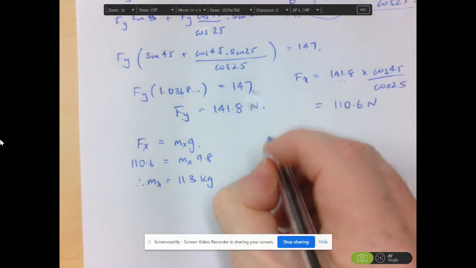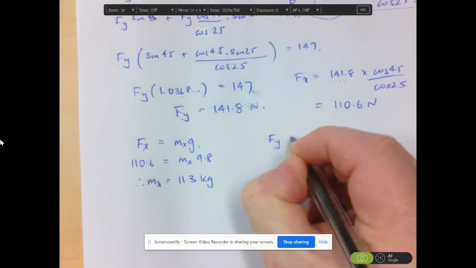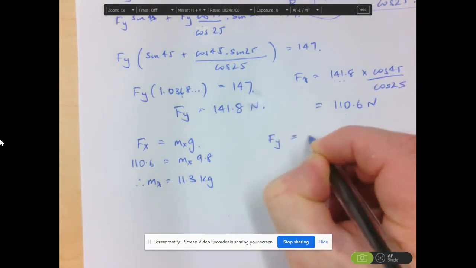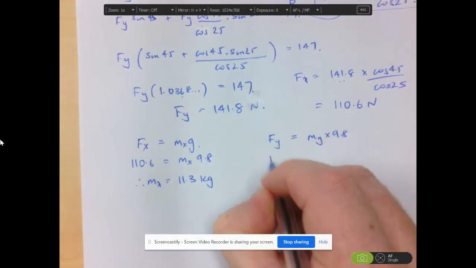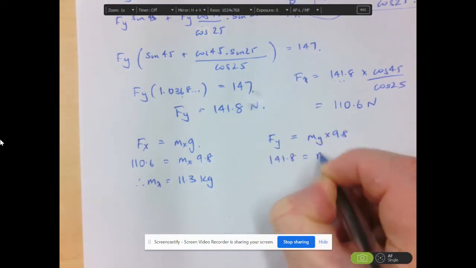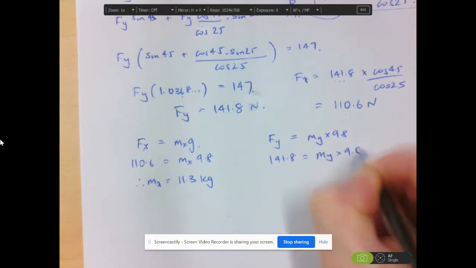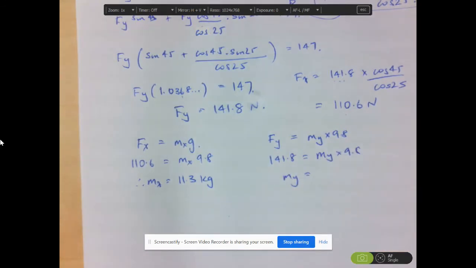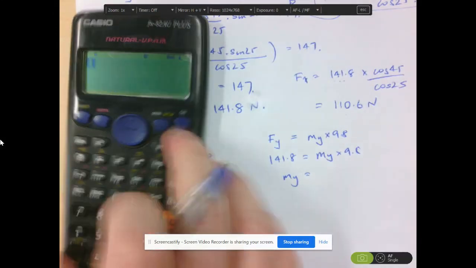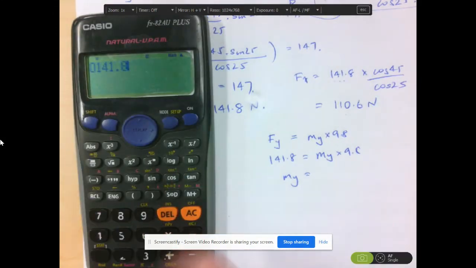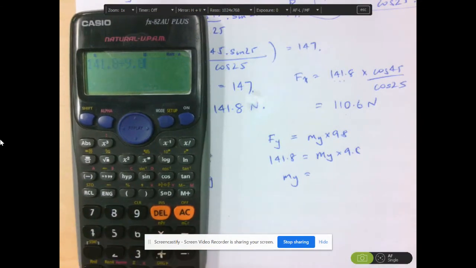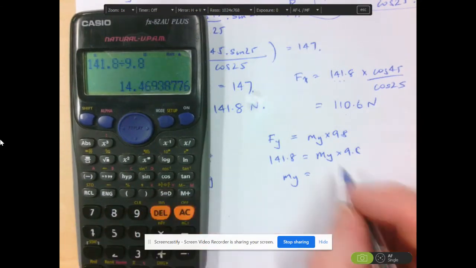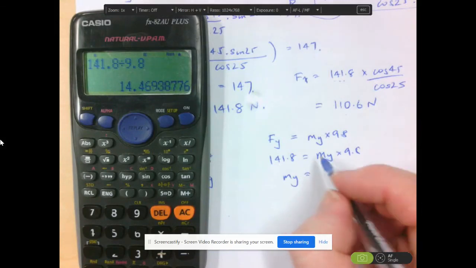Repeating the same thing for Fy. Fy would equal the mass of Y times 9.8, and that's 141.8, equaling the mass of Y times 9.8. The mass of Y, therefore, will be 141.8 divided by 9.8. And that is 14.5 kilograms.